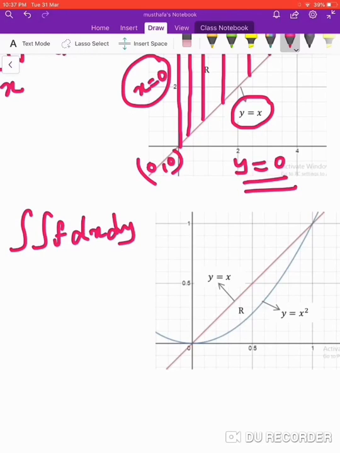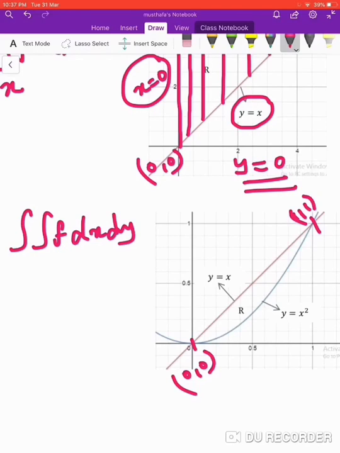So if it is dx dy, as I told you, we are going to shade the region by horizontal lines, right? Before we go for the shading, let us find the end points. So this point of intersection is (1, 1), and this point is (0, 0), and the equations of the line and the curve are given to you. Now let us shade the region by horizontal lines.